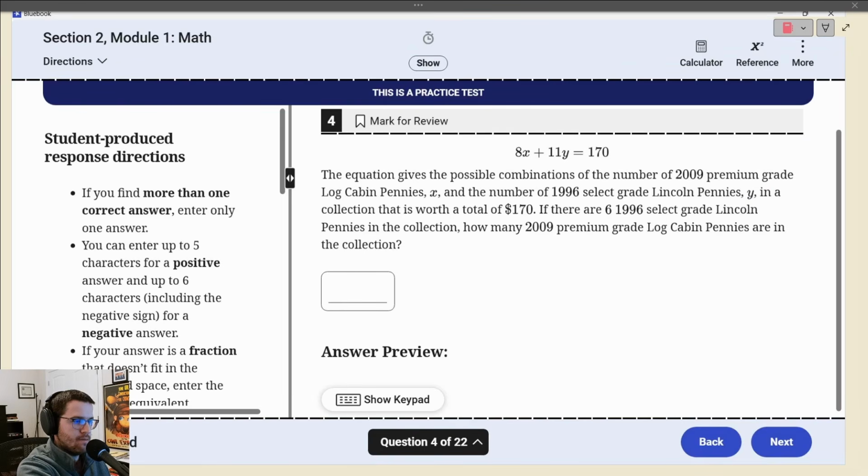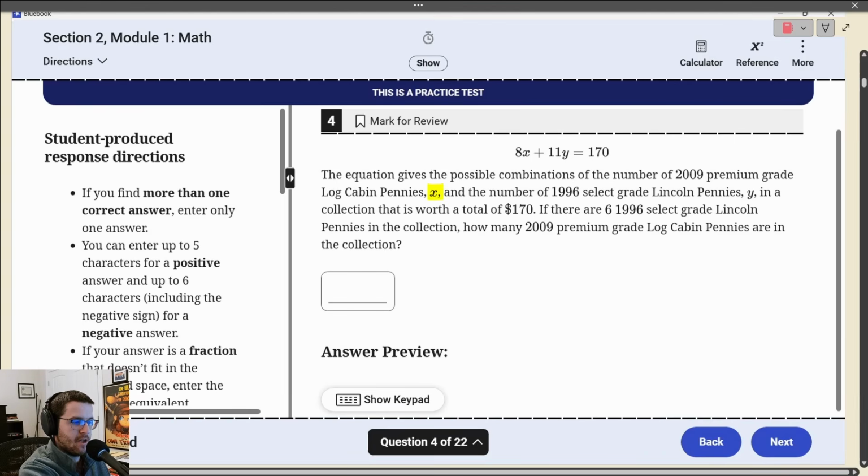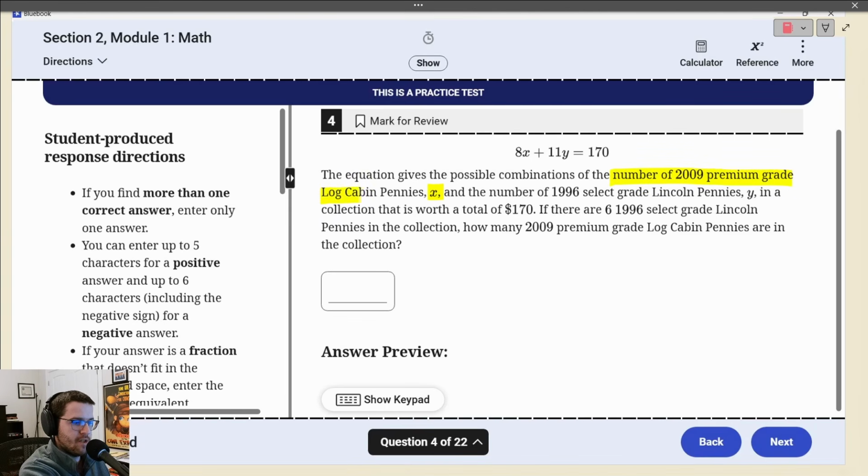Okay, question 4. So the trick with this one is you just got to pay very close attention to what the variables are. So we've got x, and the question says that is the number of 2009 premium grade log cabin pennies. And then we've got y, and the question says that is the number of 1996 select grade Lincoln pennies.